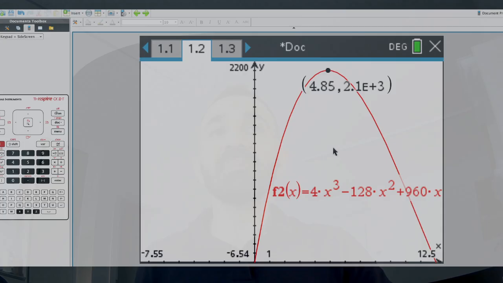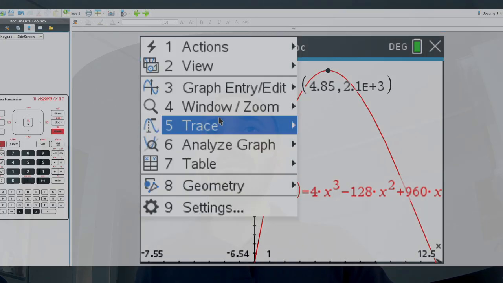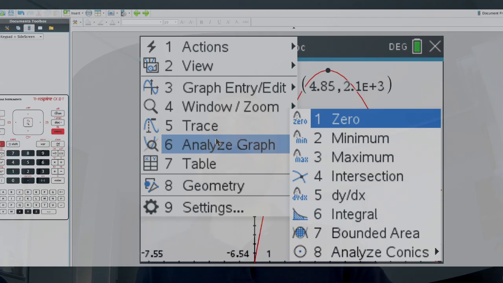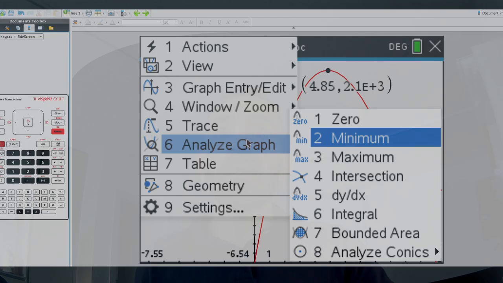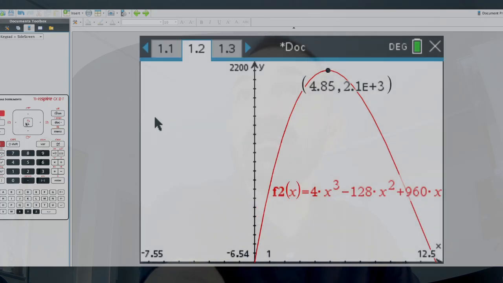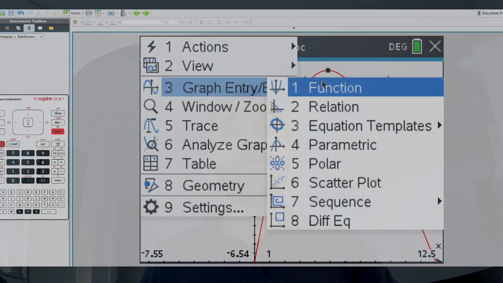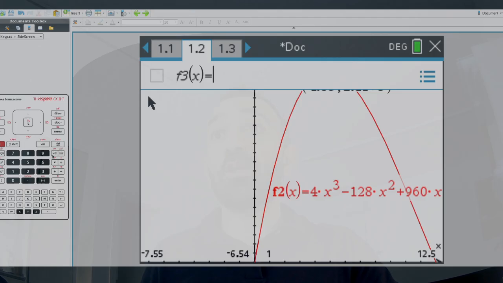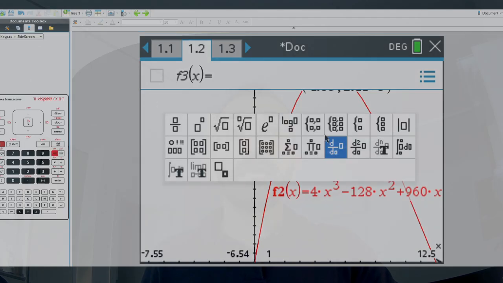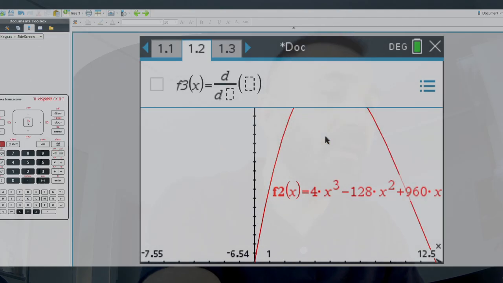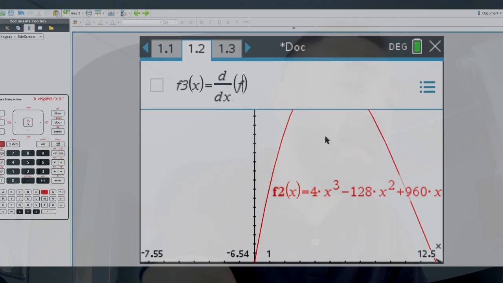Now, one more thing, just to make sure you get everything about this question. If you want to graph the derivative of this function, go to menu, graph, function, and choose derivative of f2x.